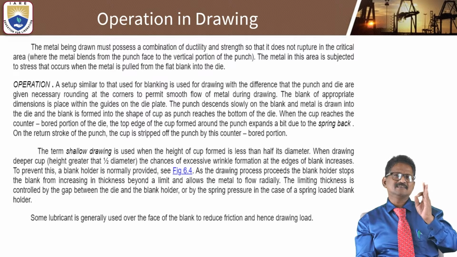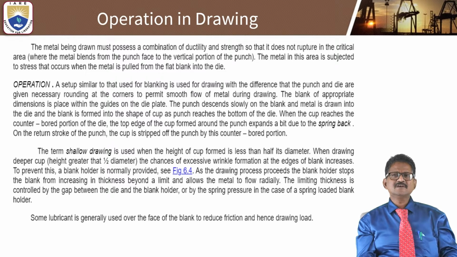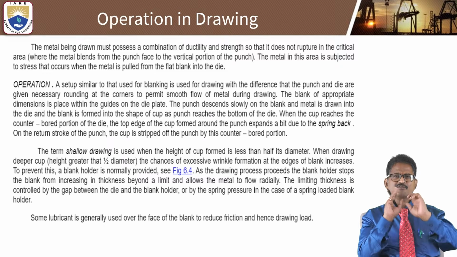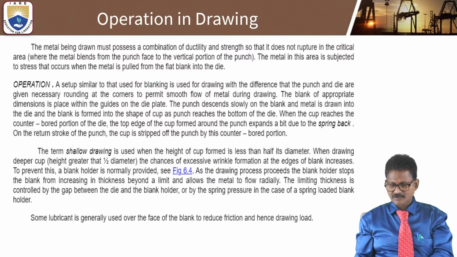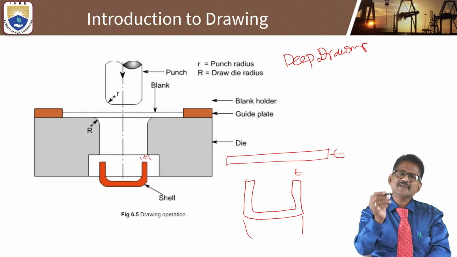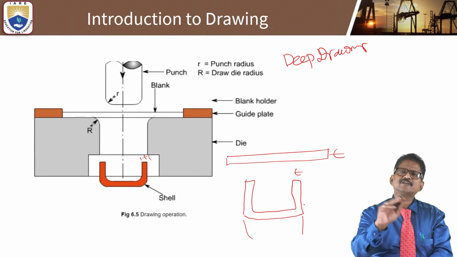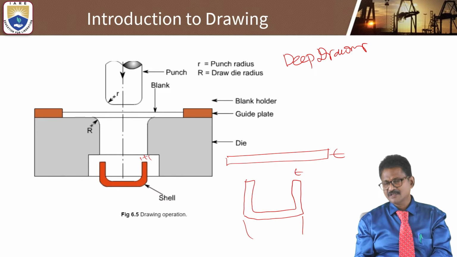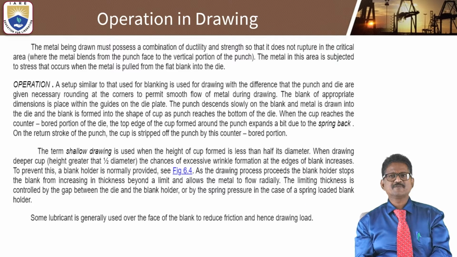The setup is almost similar to the blanking operation, even though drawing is different. The punch and die are given necessary rounding at the corners. Sharp corners should be avoided, so that this process can be performed easily.